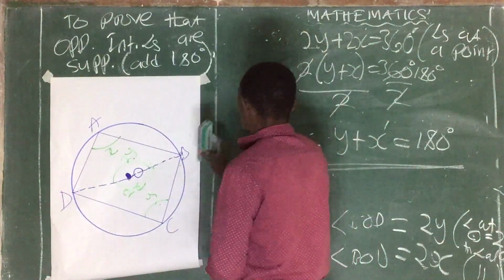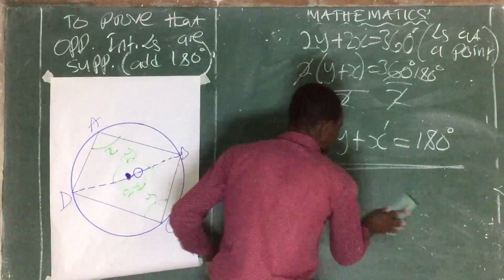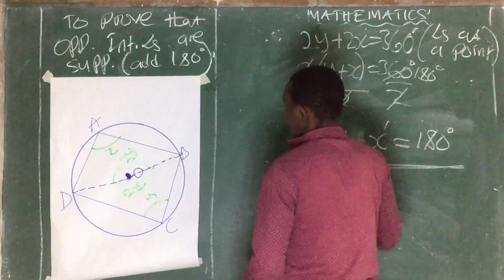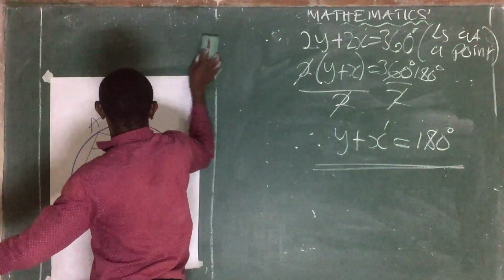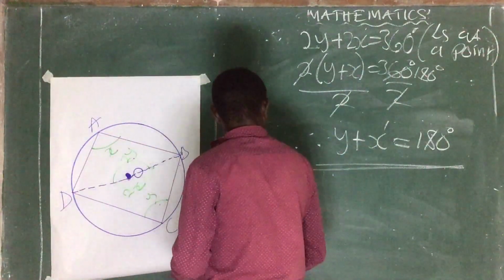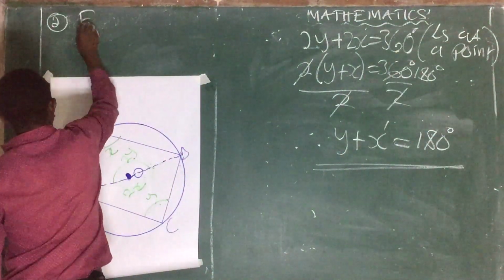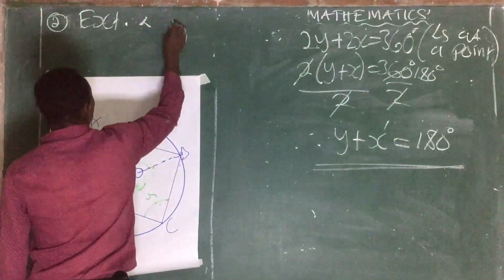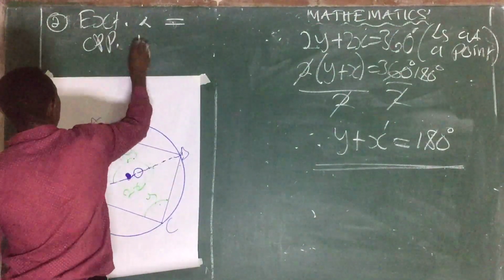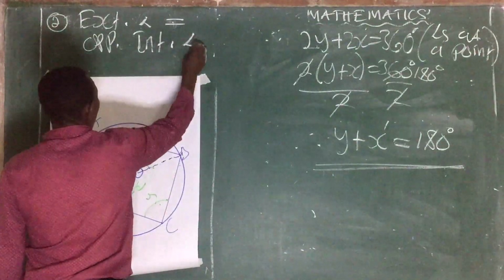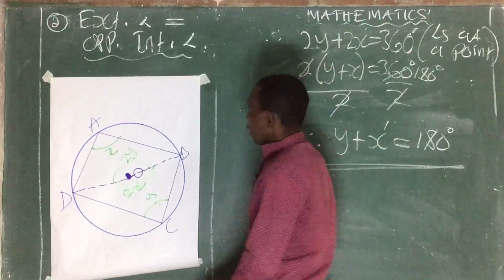So let's get into the second property, where we need to see that the exterior angle is equal to the opposite interior angle. This is about the cyclic quadrilateral.